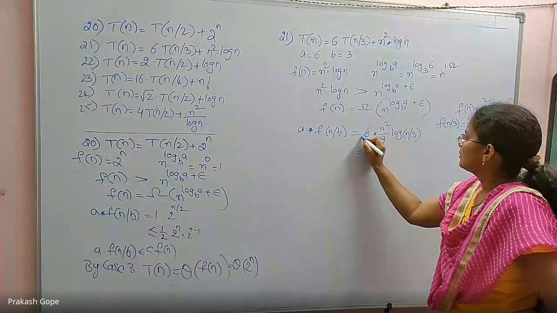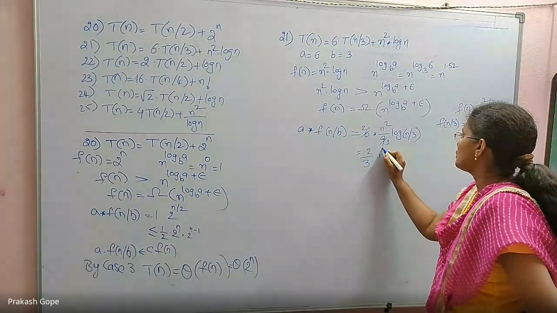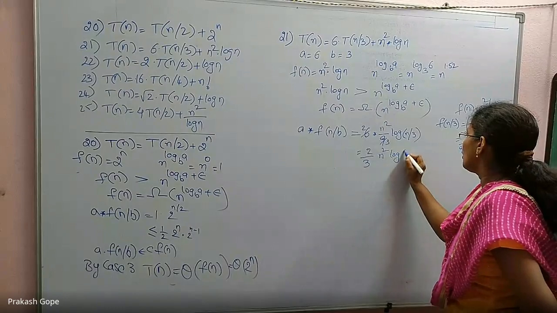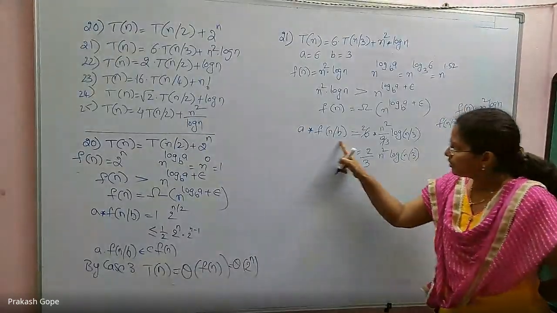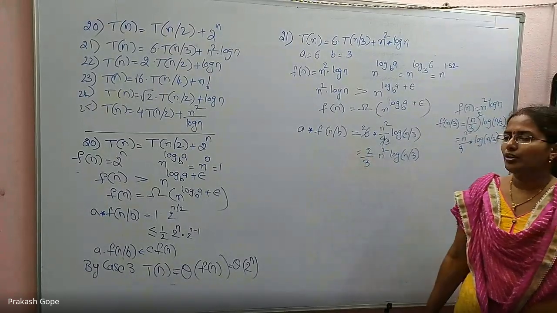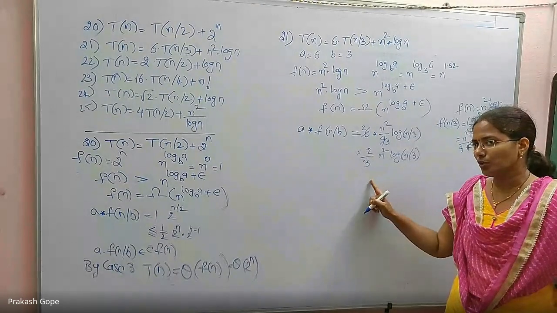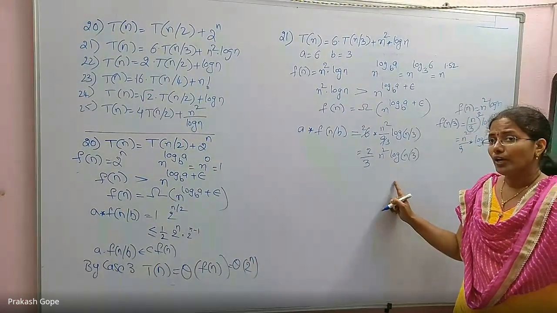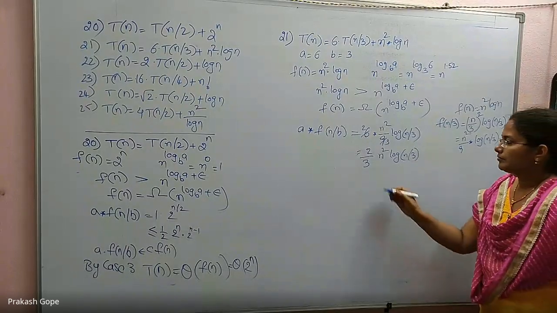Simplify. This is 2 by 3 into n square into log of n by 3. Till now I just calculated what is a into f of n by b. Now you should tell me, is this less than or equal to some constant into f of n? F of n is n square into log n.